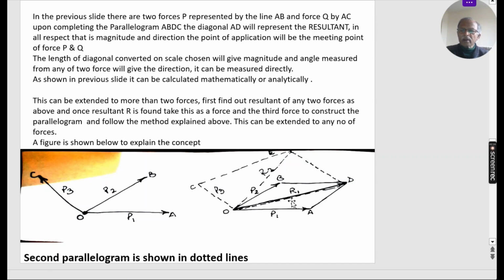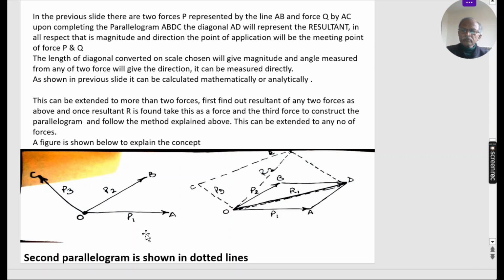Now we take R1 as one force and P3 as the second force and complete the parallelogram. So we will again get a second resultant or the second diagonal, which we call R2. This R2 will give equal and the same effect on the body as P1, P2 and P3 together were producing.